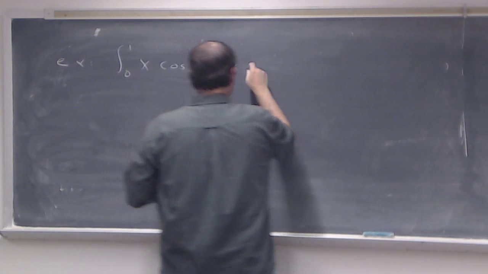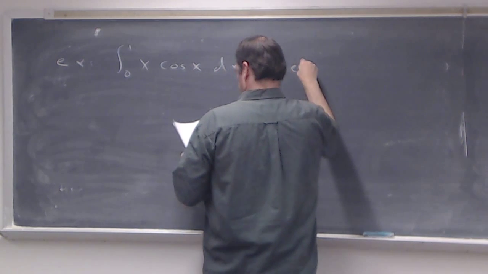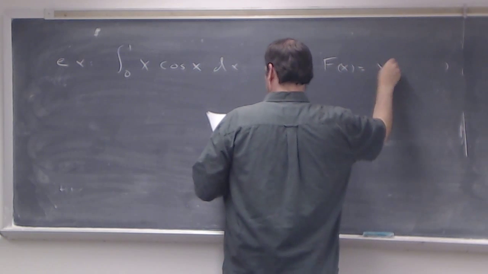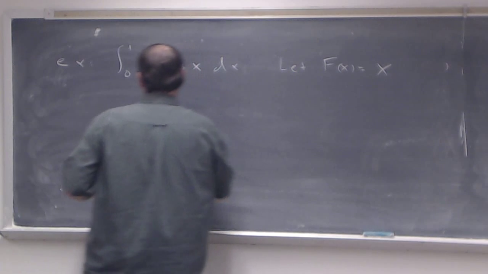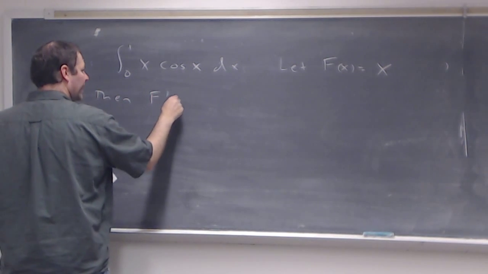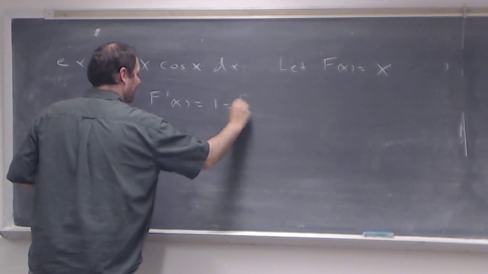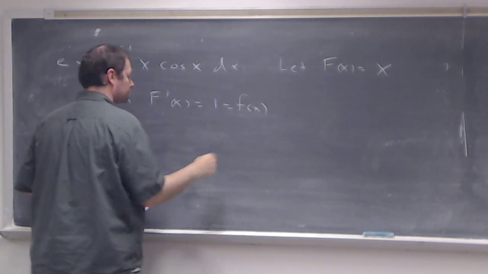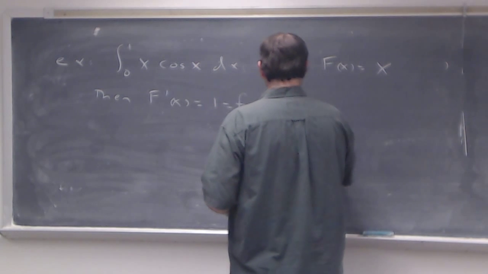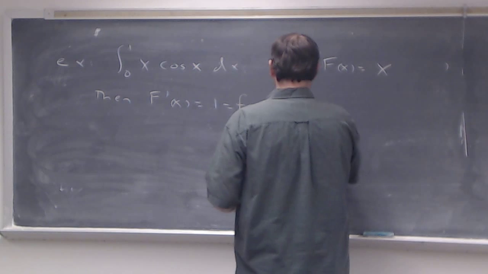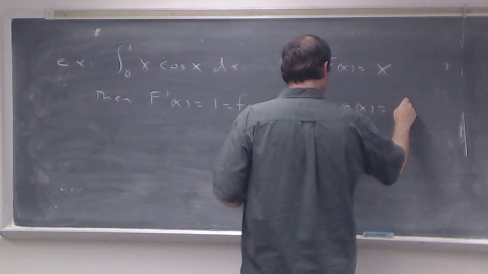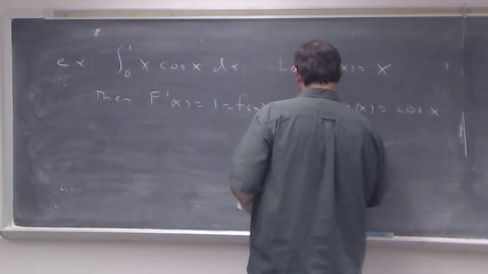You say, well, what's this integral? Well, here's what you do. You can let big F(x) be equal to x, then big F prime of x will be equal to 1, which is the little f(x). And then here we say little g(x) is equal to cosine of x.